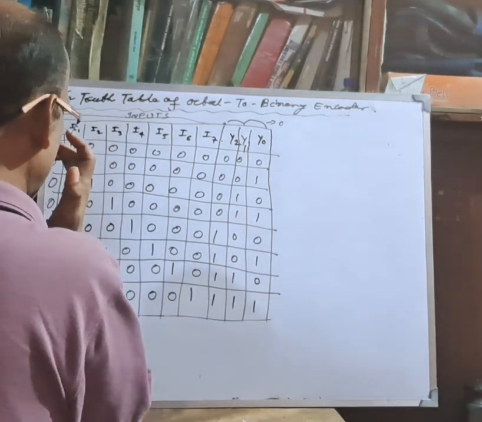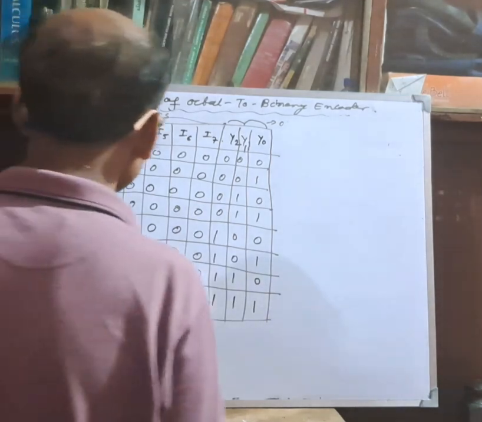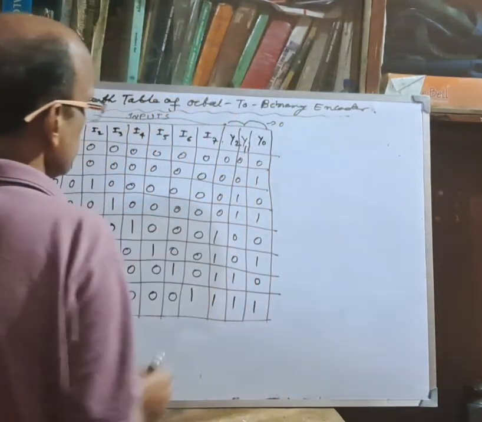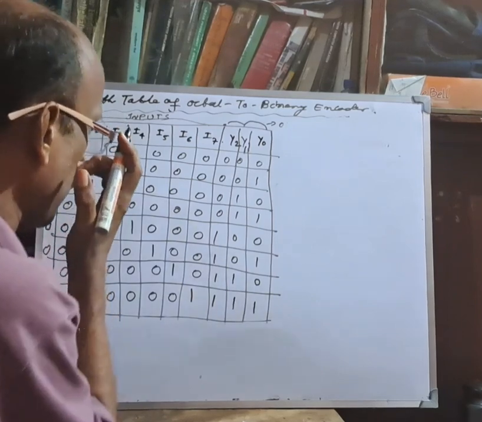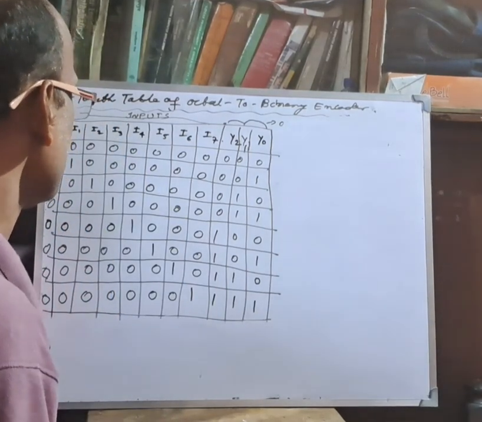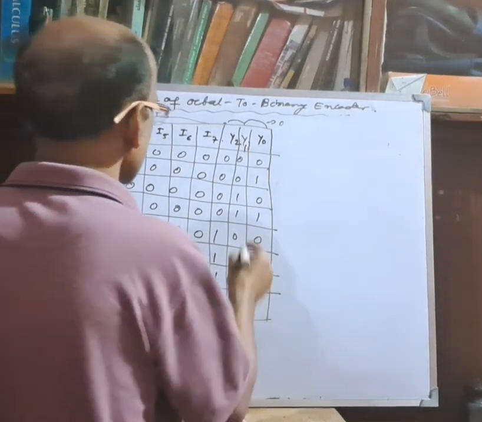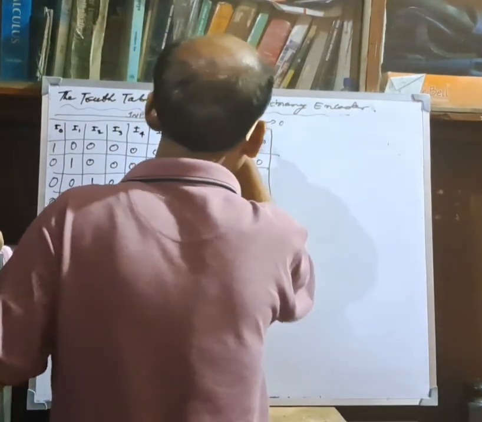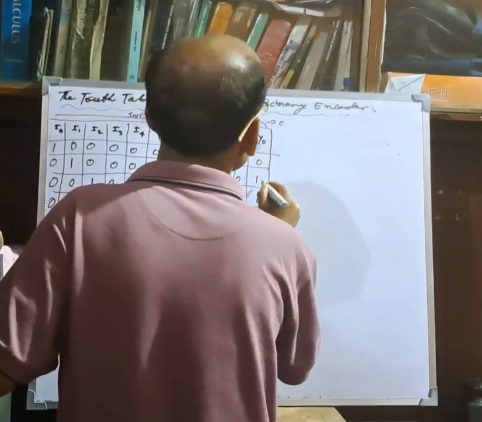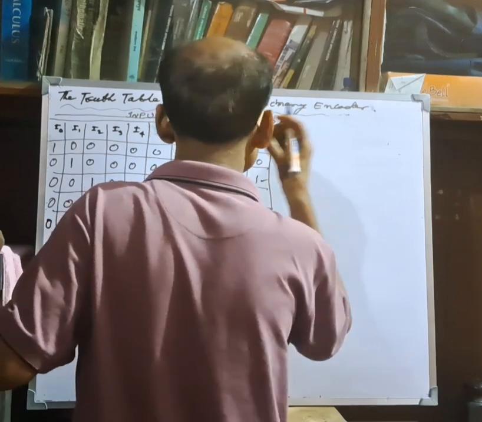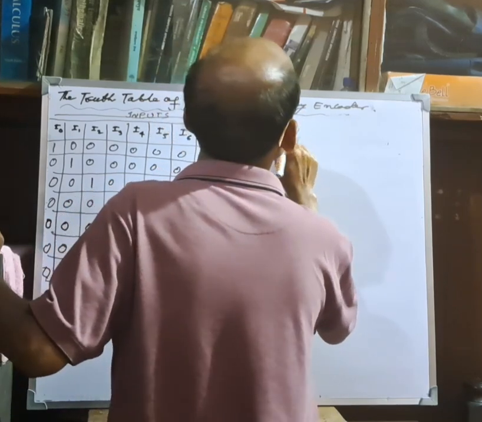I have to see in the output where it is high. So first of all I will check high at 1, 0.